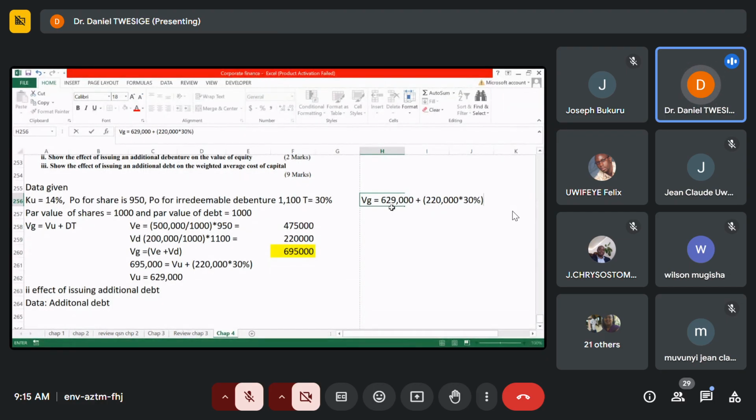Don't you go back to 695? It's the same sum. You go back to 695. So the current value of a geared business, which is the optimal value, is this amount.